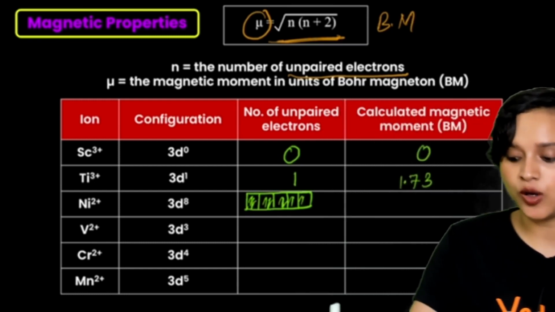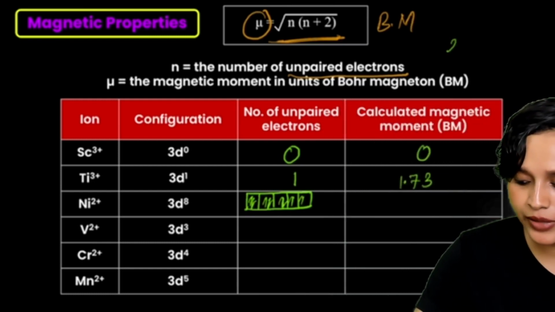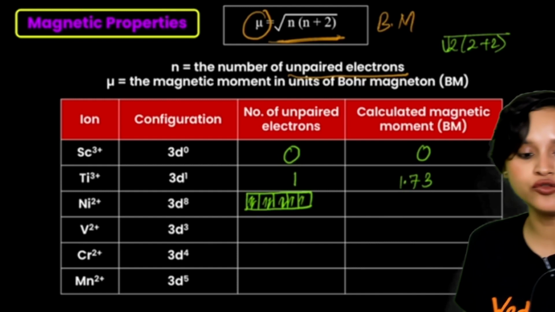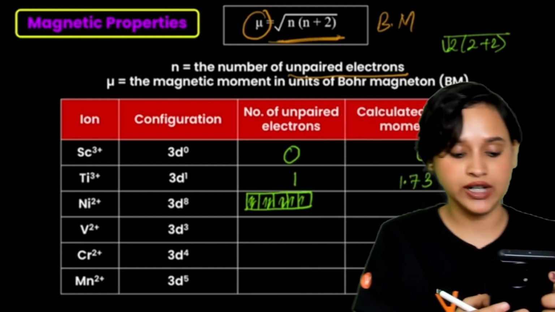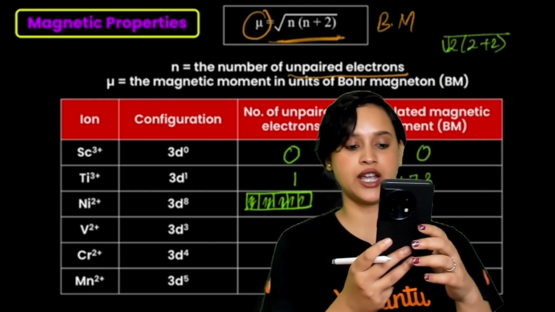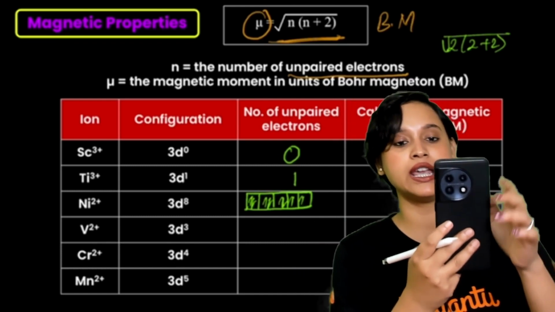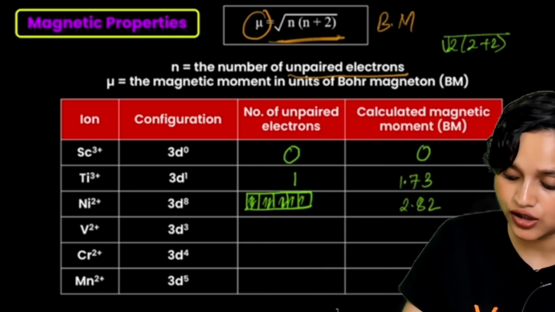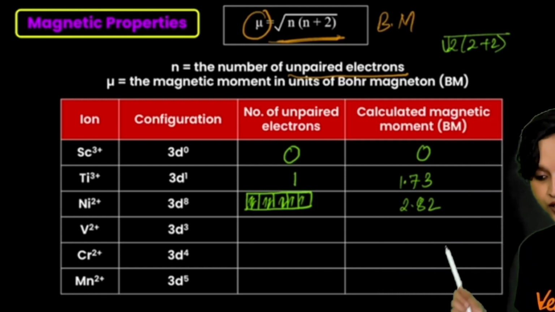Now put it in this formula. 2 plus 2 is 4, 4 twos are 8. So root over 8 becomes how much? Let's calculate that. Yes, 2.82, everyone. 2.82 is the calculated Bohr magneton.